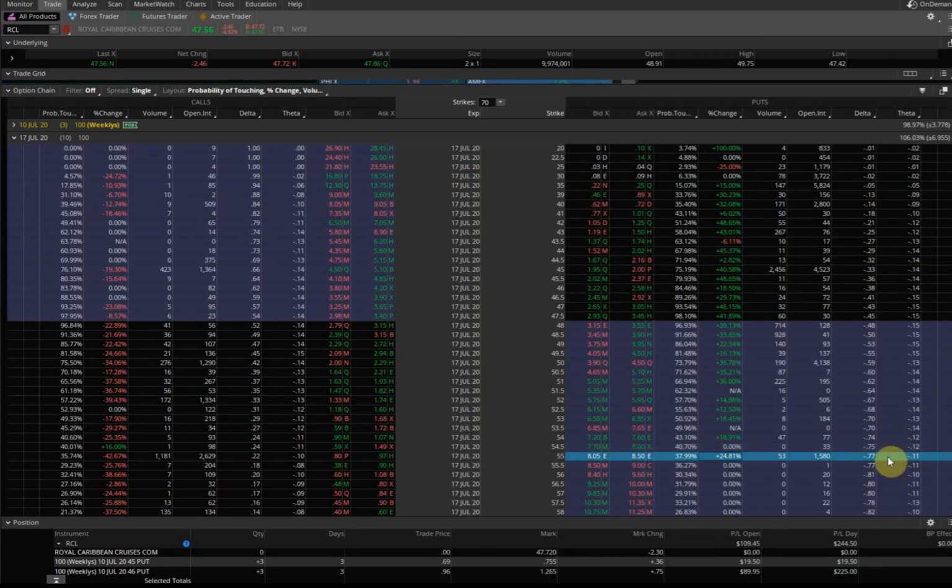So basically, if you were to buy this 55 put and get it for 850, let's say, or let's just say in the middle 830. If this stock went against you two dollars, it's going to be against you about 160 plus a day, 170 maybe.